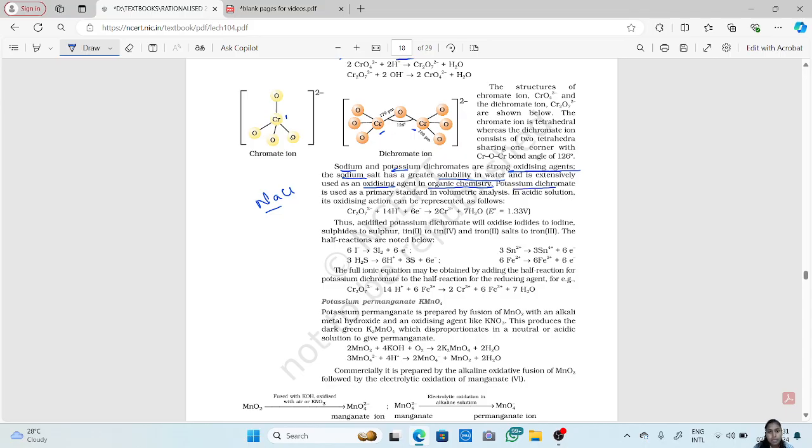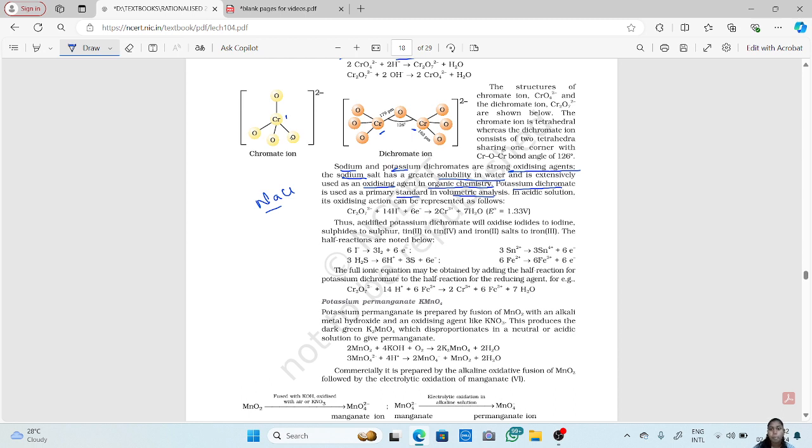The potassium dichromate is used as a primary standard in volumetric analysis. Now, potassium dichromate, I hope you all know the solution which we use in the burette for volumetric titrations.